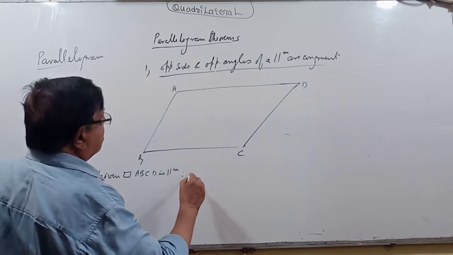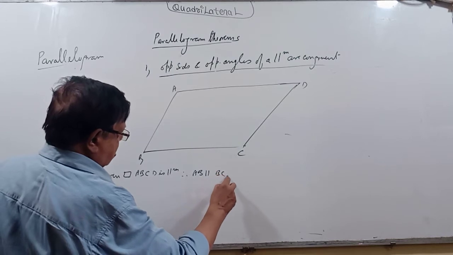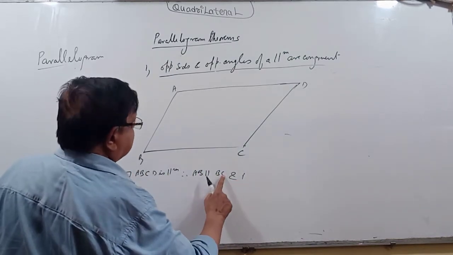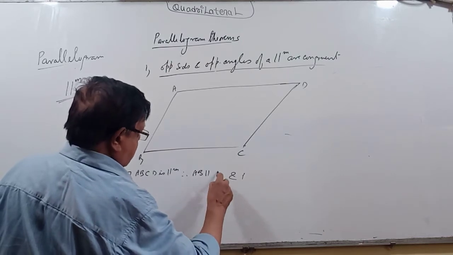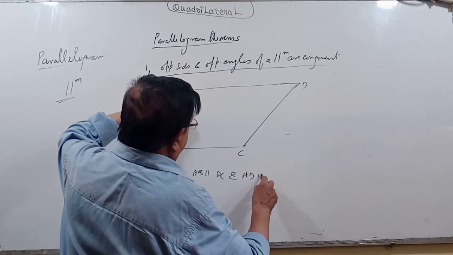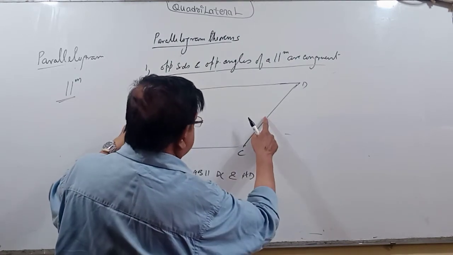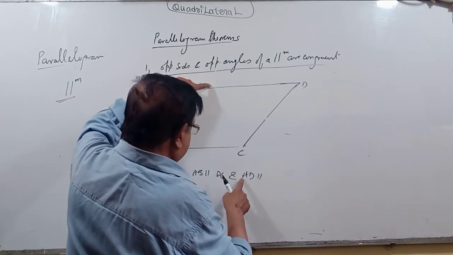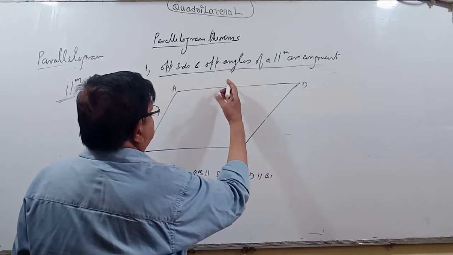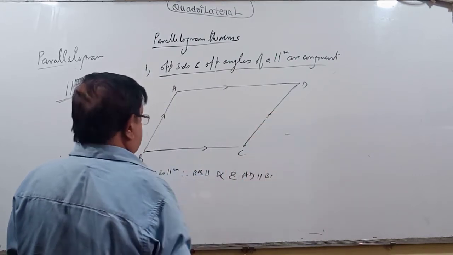Therefore, AB is parallel to DC and AD is parallel to BC. It's a parallelogram, therefore this is parallel to this and this is parallel to this.